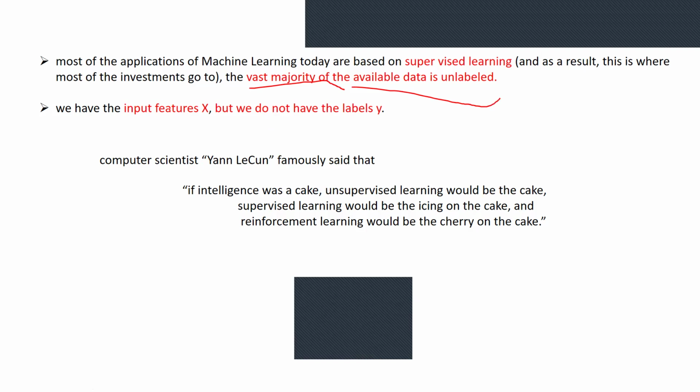unlabeled. In unsupervised learning, we are given the inputs X features, but we do not have any label Y. One of the famous scientists has said that if artificial intelligence was a cake, unsupervised learning would be the cake, supervised learning would be the icing on the cake, and reinforcement learning would be the cherry on the cake.